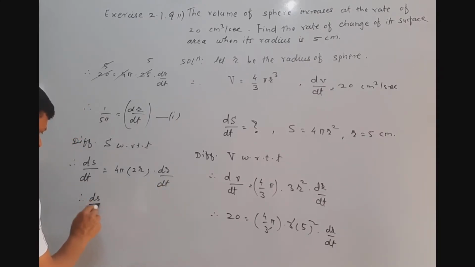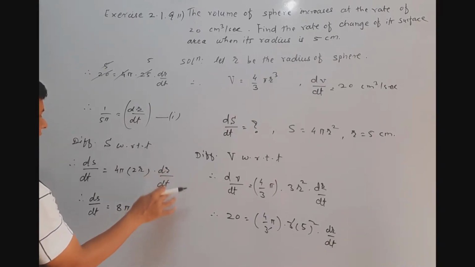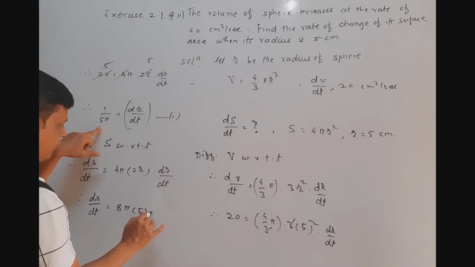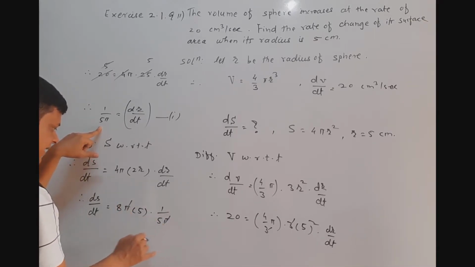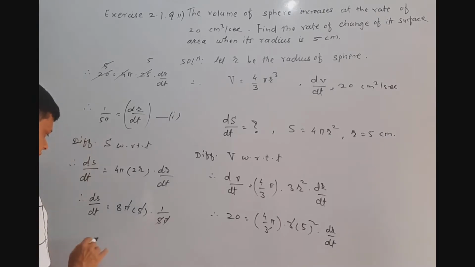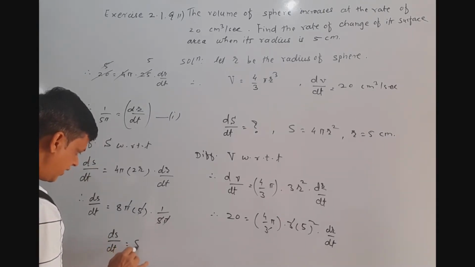Therefore dS by dt is equal to 4 pi into 2, that is 8 pi. Value of r we substitute, then dr by dt we calculate, 1 upon 5 pi. So this pi gets cancelled, 5 gets cancelled. We get dS by dt is equal to 8.